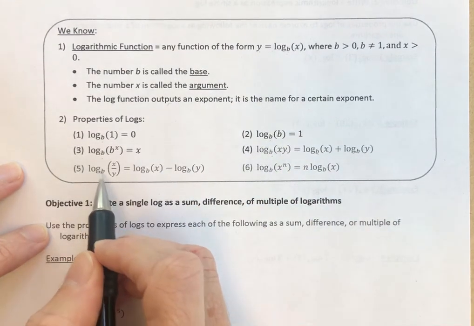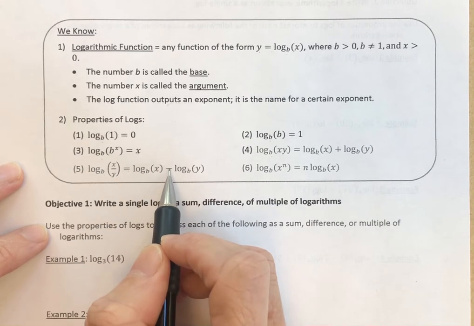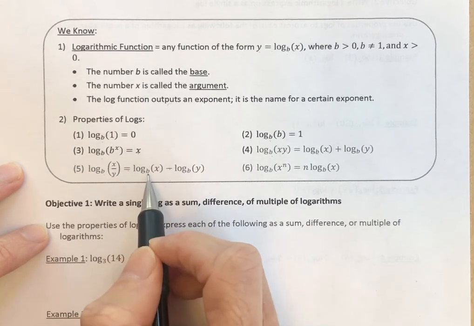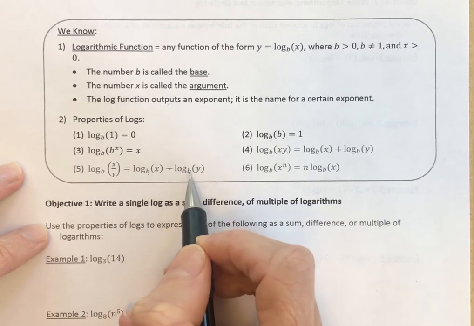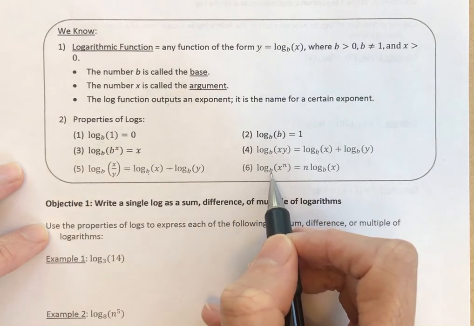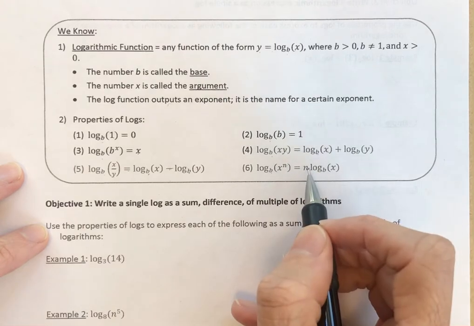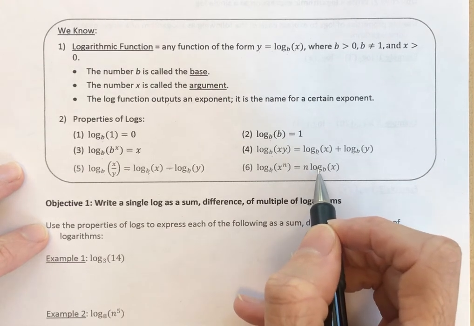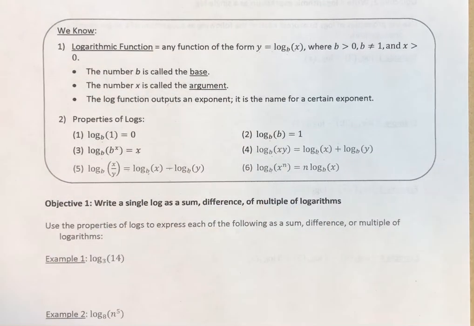The log base b of a quotient is equal to the log base b of the numerator minus the log base b of the denominator. And finally, the log base b of x to the nth power is equal to n times the log base b of x. So we saw those properties previously.